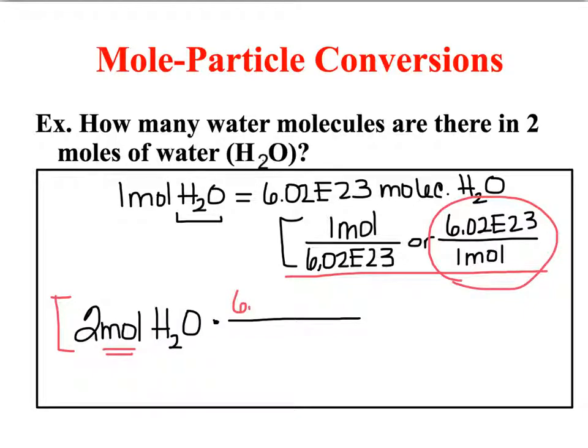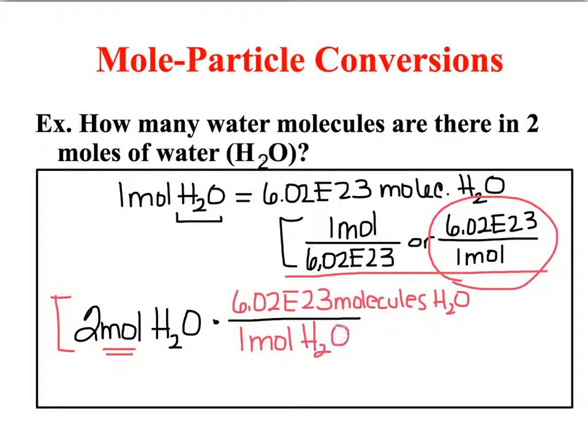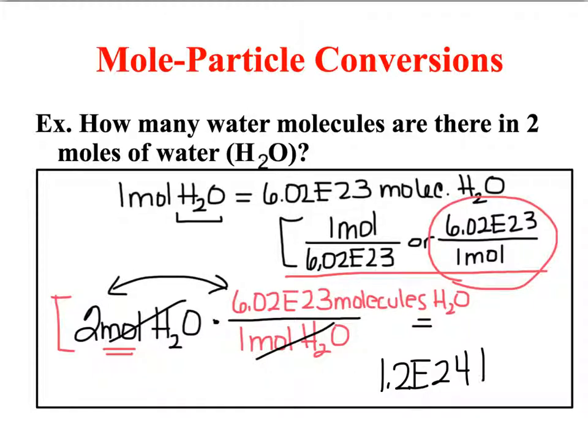So we put 6.02 times 10 to the 23rd molecules of water on top, which is the same as 1 mole of water on the bottom. Notice that moles will cancel, and now we multiply the 2 times the 6.02 times 10 to the 23rd, and we get 1.2 times 10 to the 24th molecules of water.